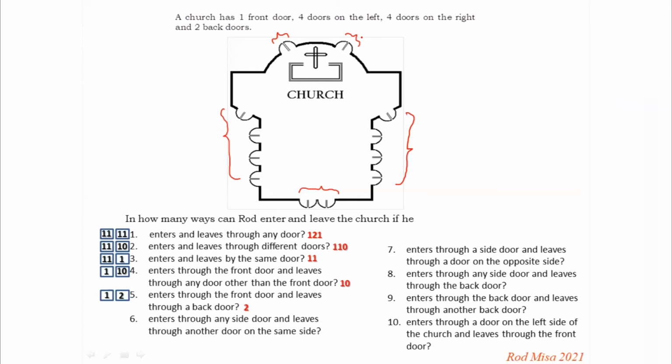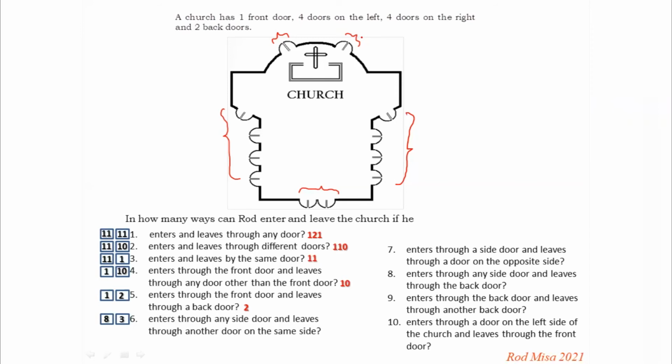But what if he enters through any side door and leaves through any door on the same side? So for his entrance door, he can choose any of the 8 doors. 4 doors on the left or 4 doors on the right. So therefore, he can choose any of the 8 doors for his entrance door. And for his exit door, he is left with only 3 doors.